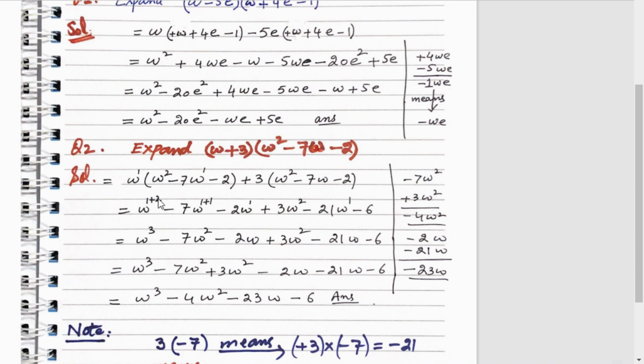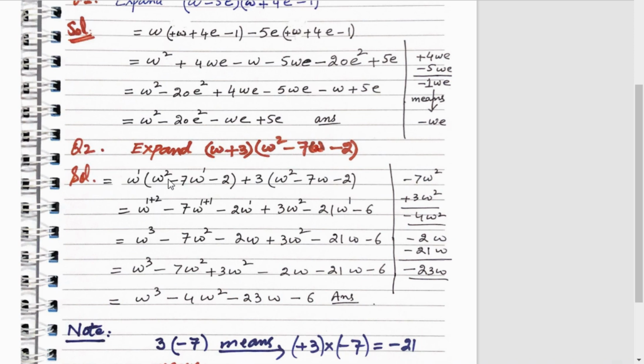Powers will be added up. When we multiply same variables, we write the variable once and over it we add up the powers. So now it will be w cube in the next step.